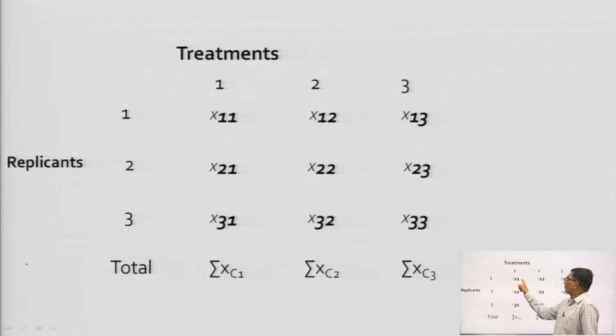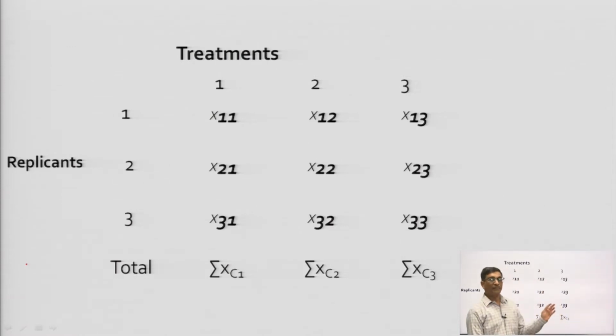The observation of the first sample is x11, that means first sample, first treatment; this is first sample, second treatment; and this is first sample, third treatment. Next x21 is the second sample, but the treatment is first. In x22 the sample is second, the treatment is 2, and in a similar manner x31, x32 and x33.